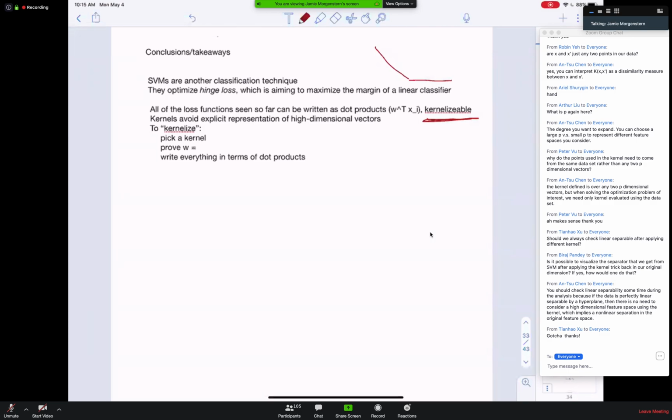The way we actually kernelize a machine learning algorithm is that we pick a kernel K, where K(x, x') should be equal to phi(x) dot product phi(x'). Then you want to prove that the w which minimizes the loss function we were talking about originally is equal to some linear combination of our original data points. And then we just write everything in terms of dot products and substitute.